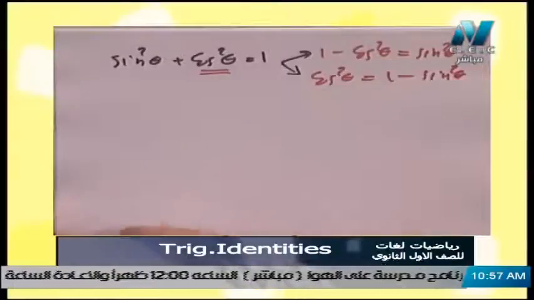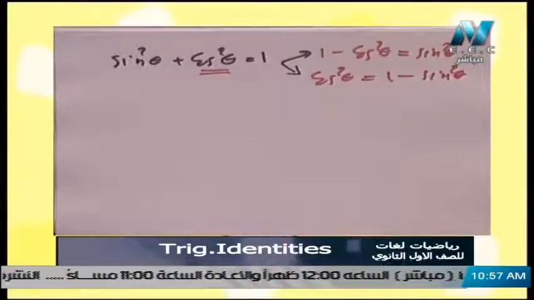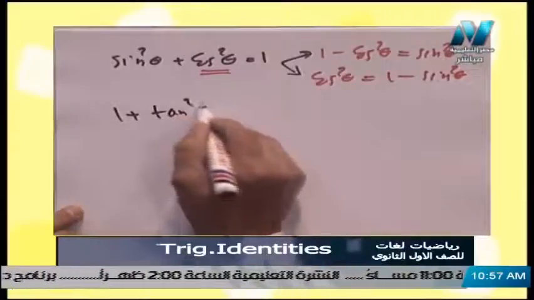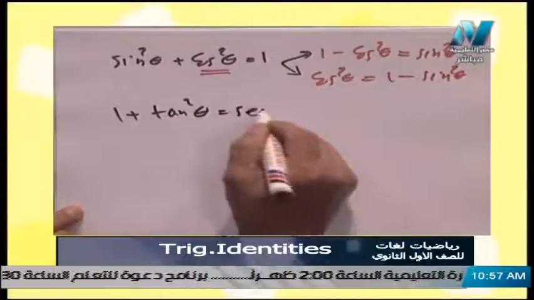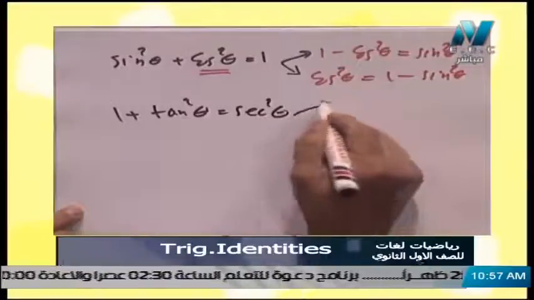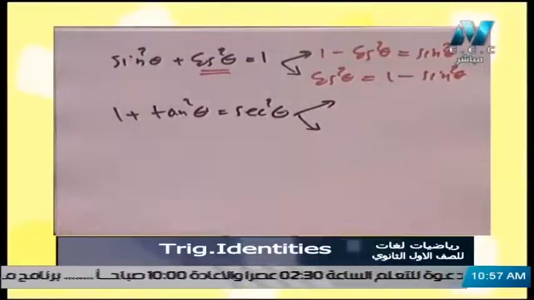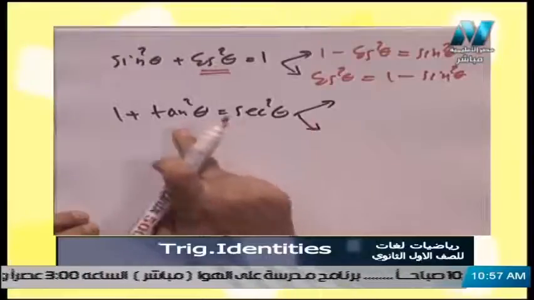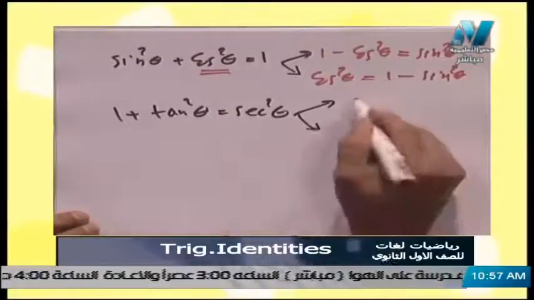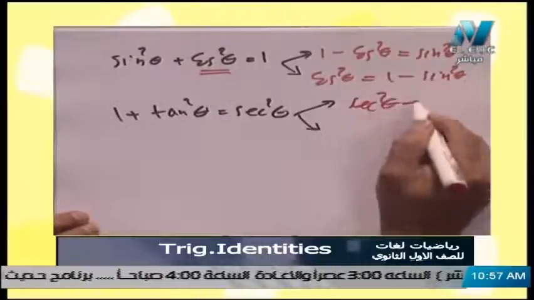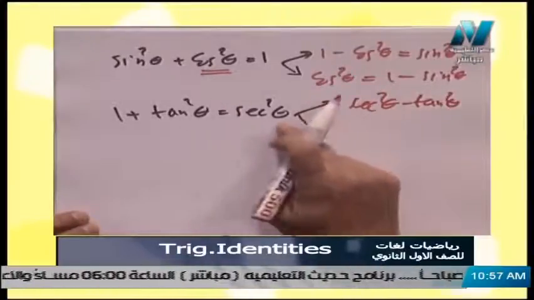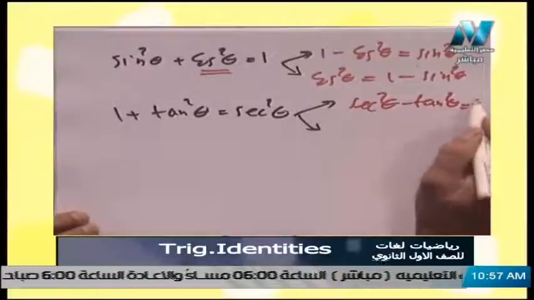And from the second one, 1 plus tan power 2 theta equals sec power 2 theta, we can deduce that sec power 2 theta minus tan power 2 theta equals 1.